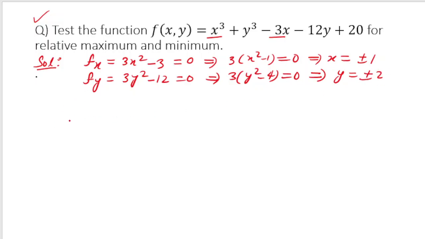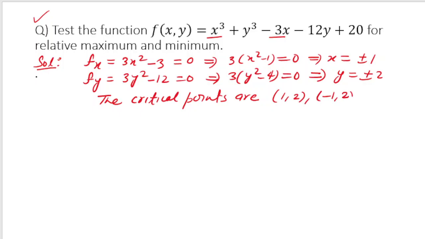So what are the critical points I have got? I have got 4 critical points. The critical points are (1, 2), (minus 1, 2), (minus 1, minus 2), and the other point that I get is (1, minus 2).